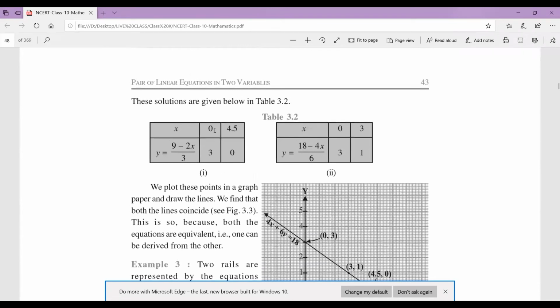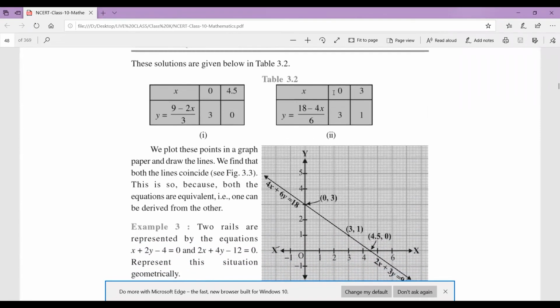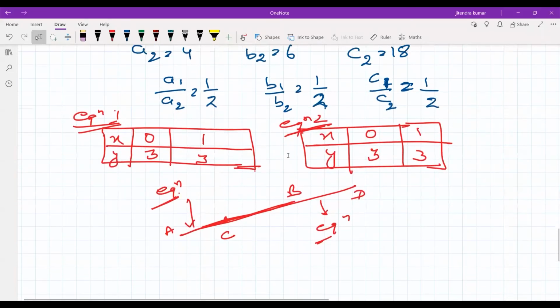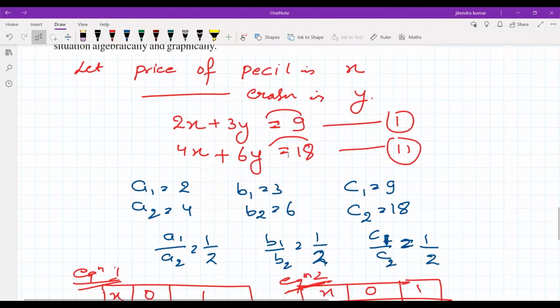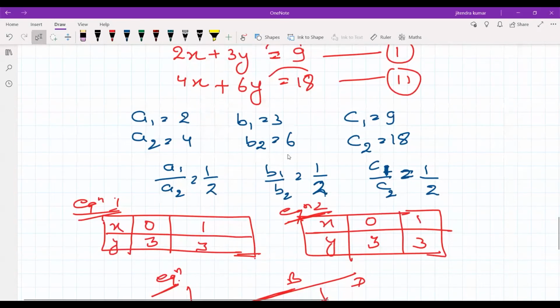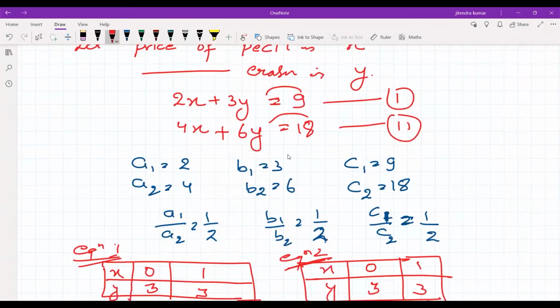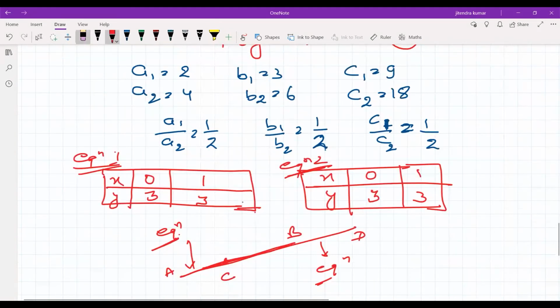Okay, let me see if I made any mistake. Though if you put y equal to 1 here, okay, I have written it wrong here, right? y will be 1 and x will be 3 here.